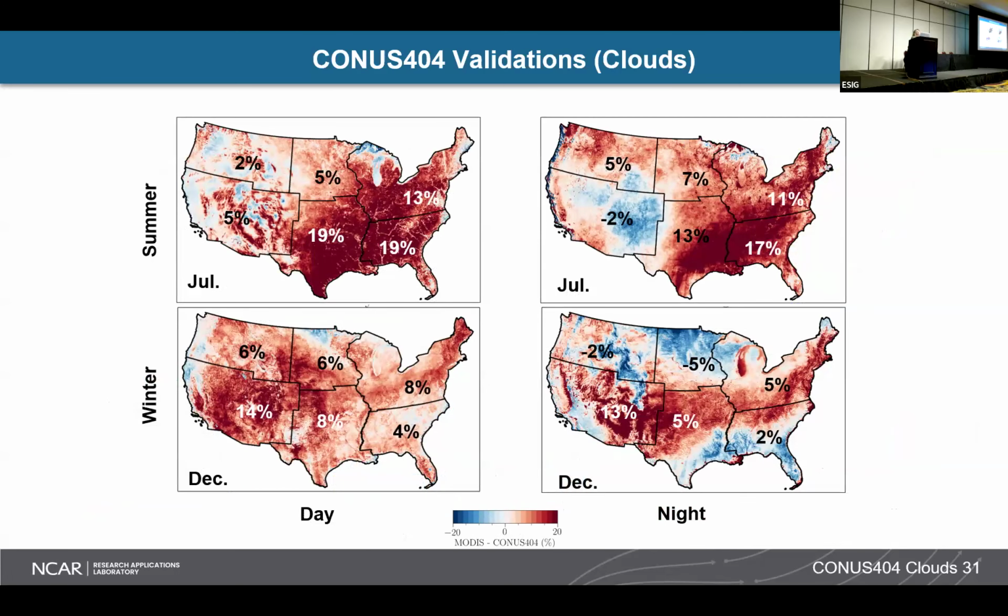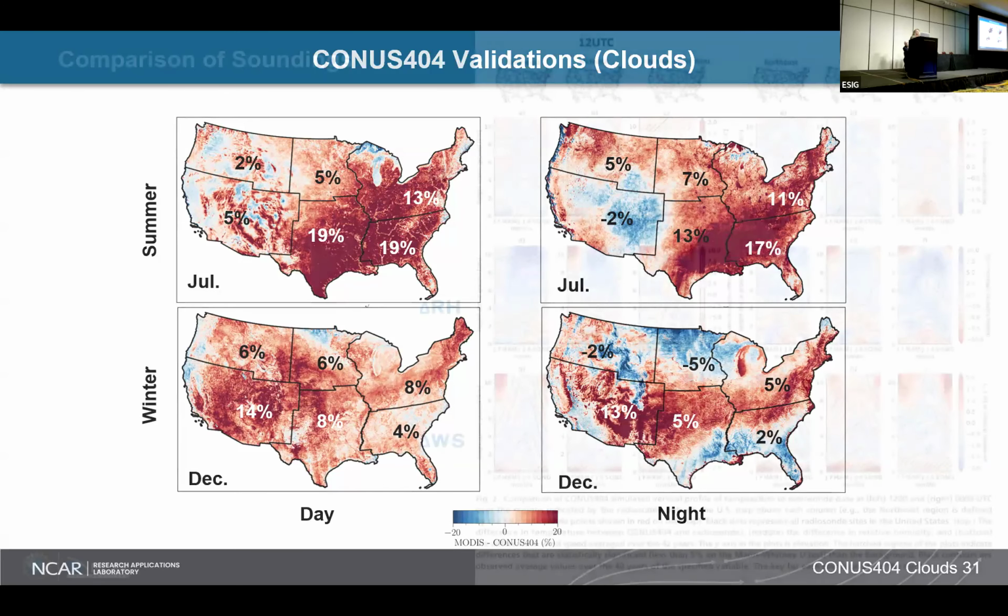So on clouds, you see in the summer, in particular during the day, we have very high biases in the southeast United States, up to 19%, less so in the Mountain West. It's a little bit better in the winter than it is in the summer. And of course, because it's satellite, comparing to satellite obs, we can get night biases too on the clouds, less important.